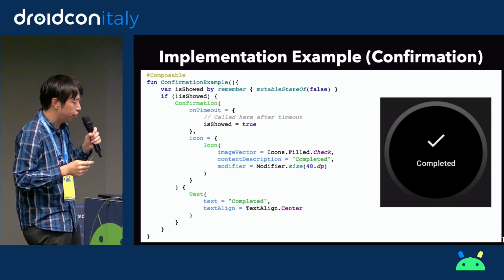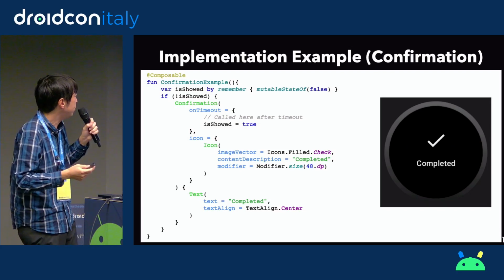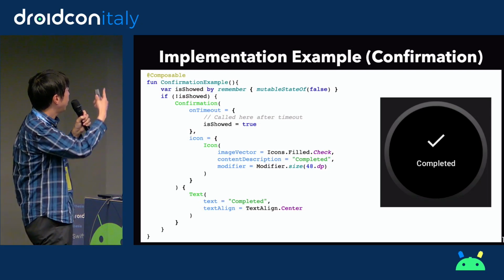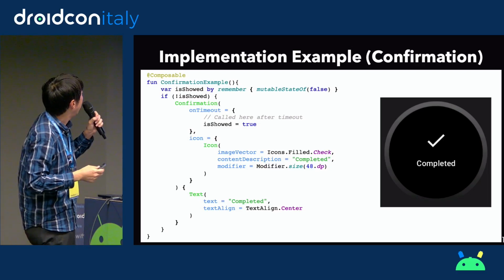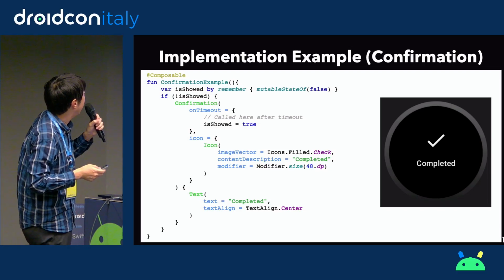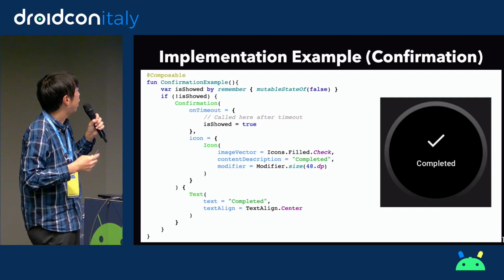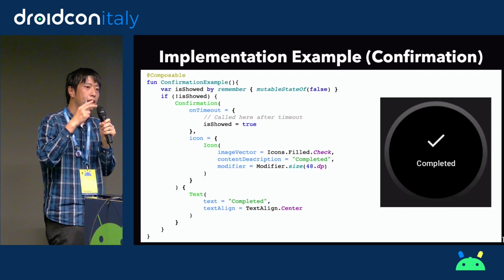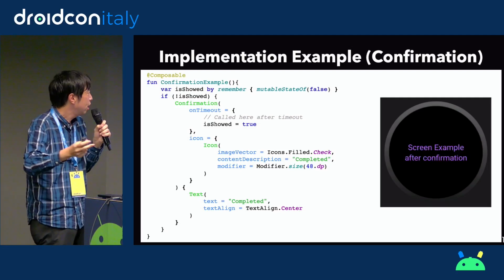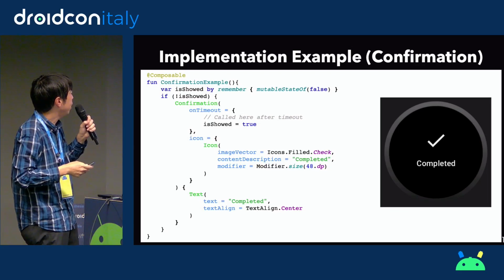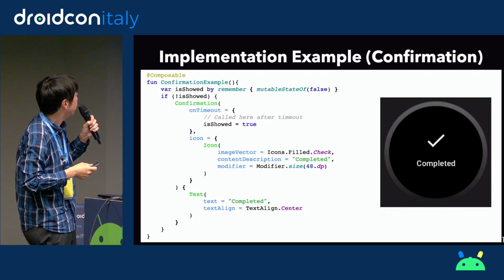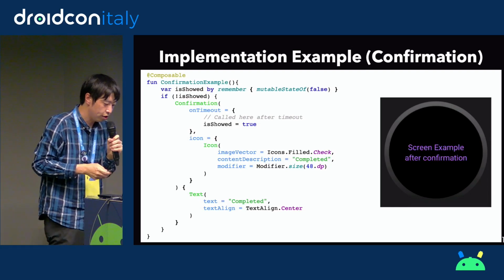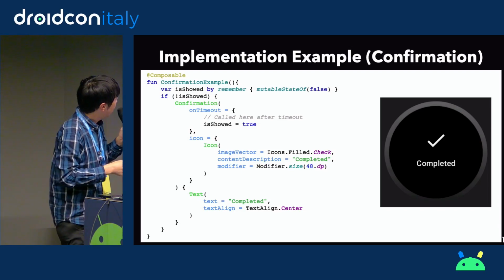If we don't show this confirmation, we have to show this confirmation, and it includes two properties, on timeout and icon. For on timeout, after the desired time passes, this line will be executed. And for the icon property, it's the same way, and I can add some text like this.